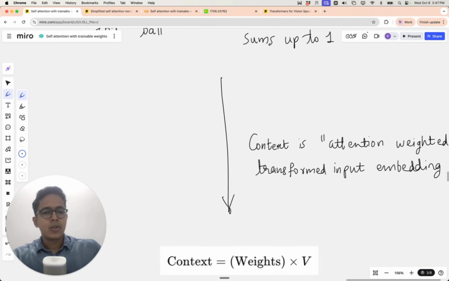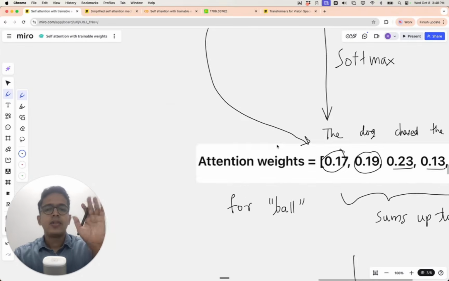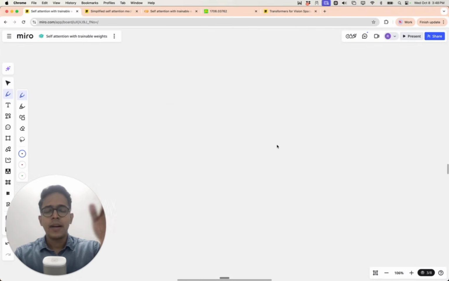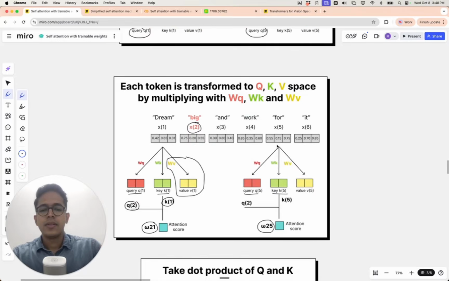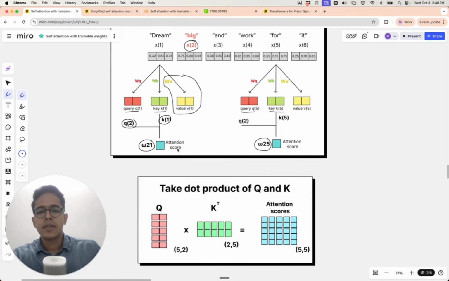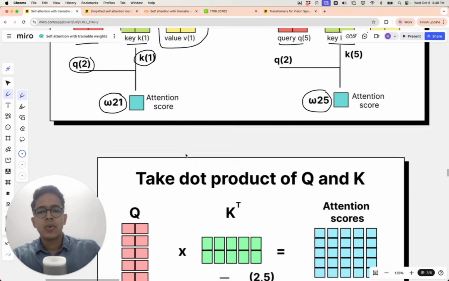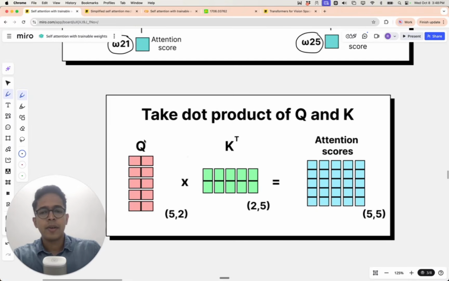So far it's good, right? Now let's go back to our original diagram. We are still not discussing value, but we'll come to that in a moment. You got attention scores, which were the result of the dot product between Q and key transpose.